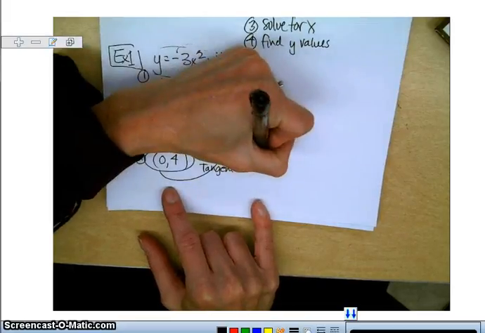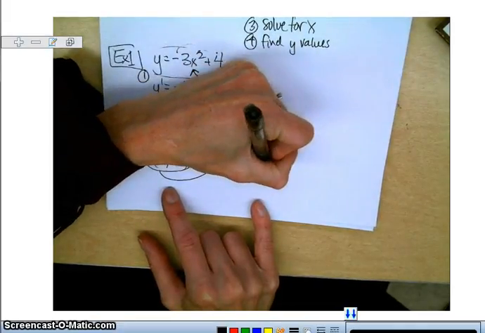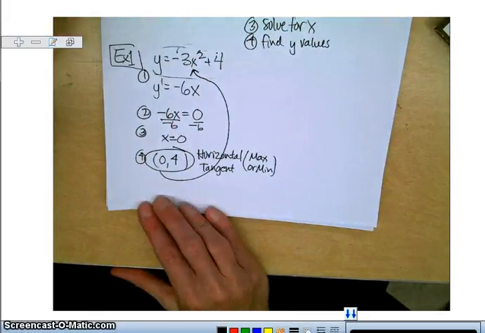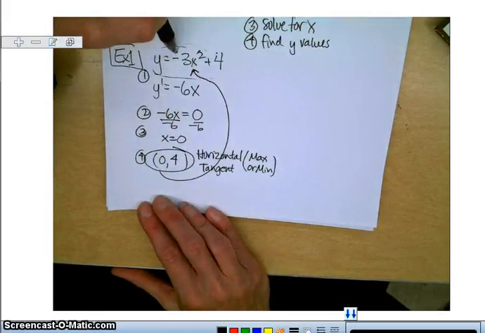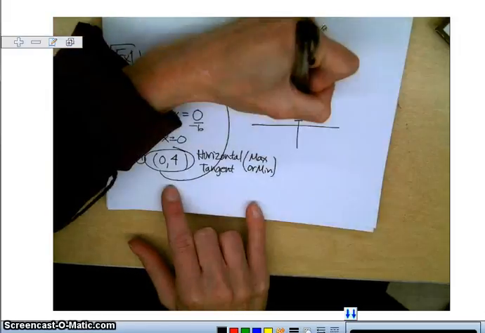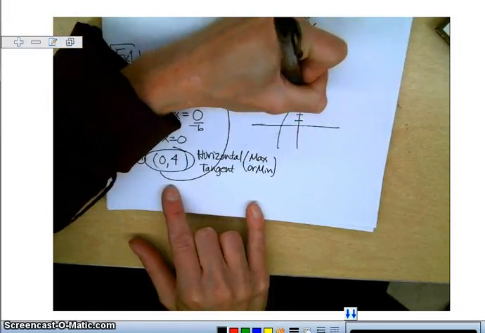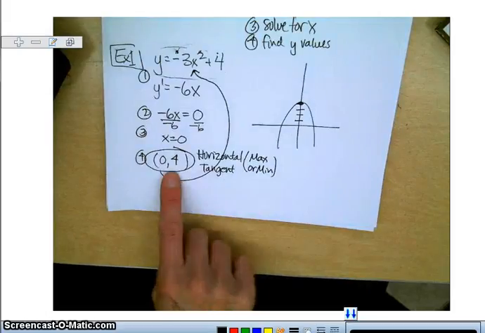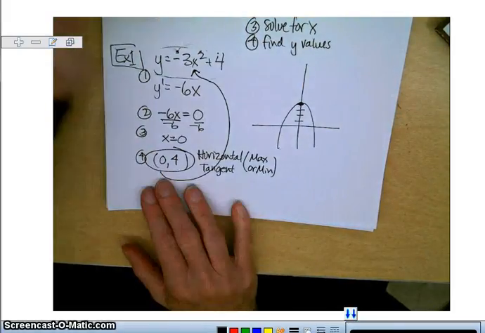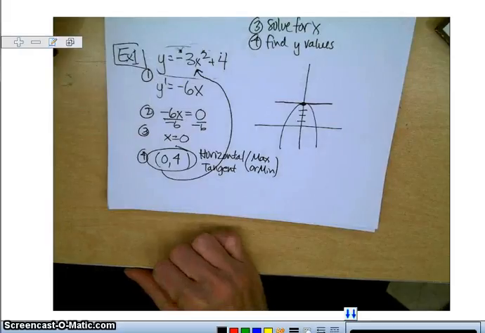I should actually know that this parabola opens which way, up or down? It should open down, because of the negative in front of x squared. And its vertex is at 0, 4. That's the vertex, the max or min is the vertex in a parabola. So that's the place where it has a horizontal tangent.